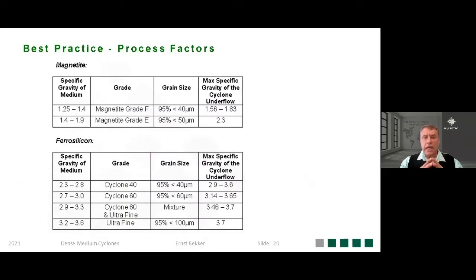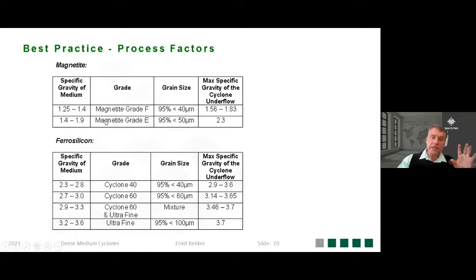So on the magnetite grades, as I said, here I show two grades. Frikkie has shown a coarse grade as well. But that is the type of options available, and it is referring specifically to what operating densities you want to use in your process.